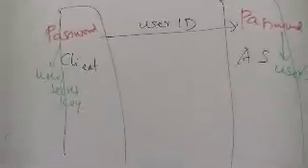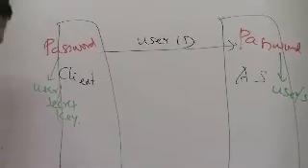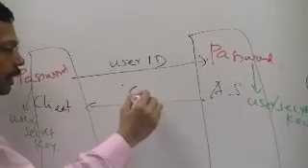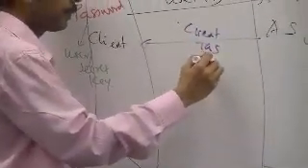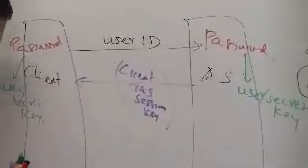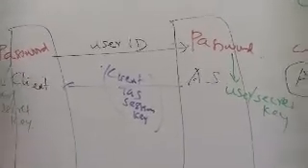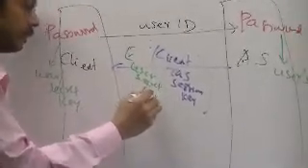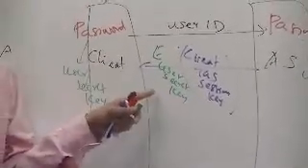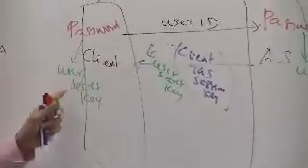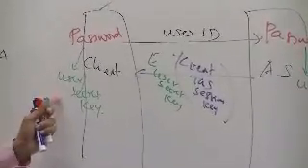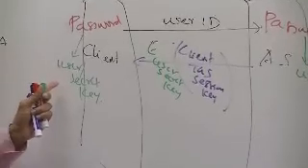When that guy is sending the client TGS session key encrypted with the user secret key, isn't it easy for the receiver, which is this side, to decrypt this? Because the user secret key can be derived from the local password. Unless I know my password, I cannot derive my user secret key.